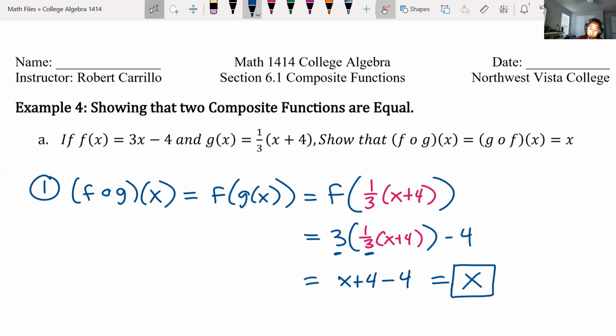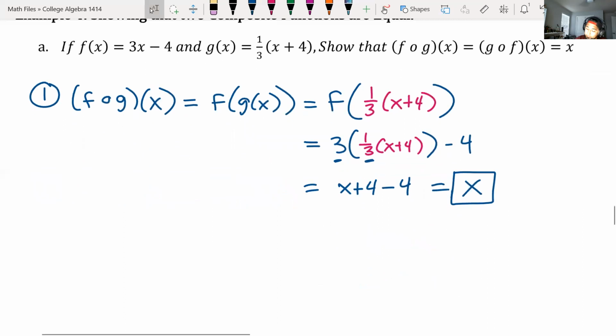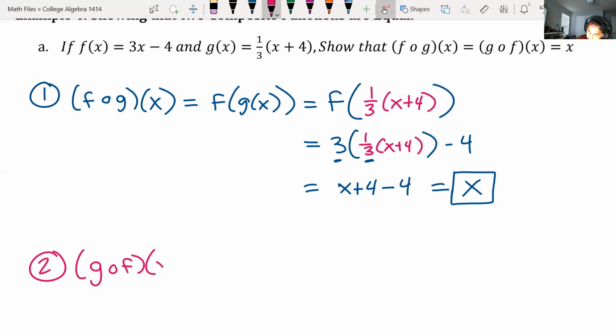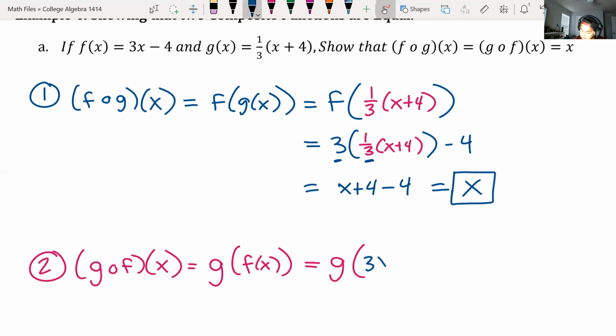And now let's try it the other way. We are now going to do g compose f of x. We get g of f of x, which then gives me g of actual f of x, make that substitution, 3x minus 4.